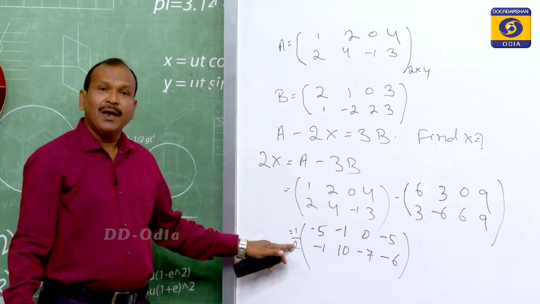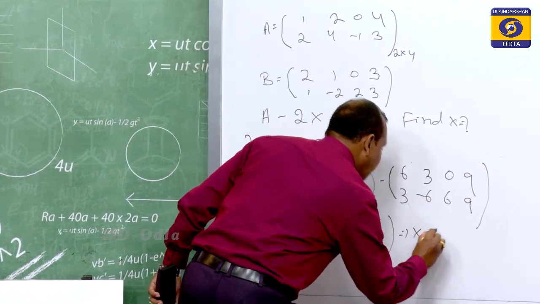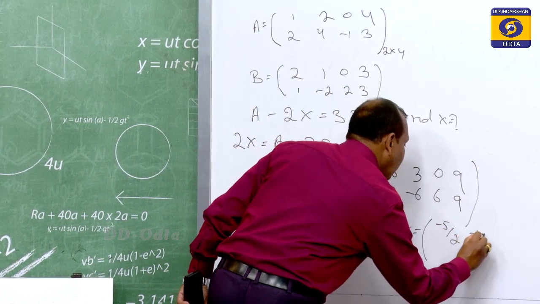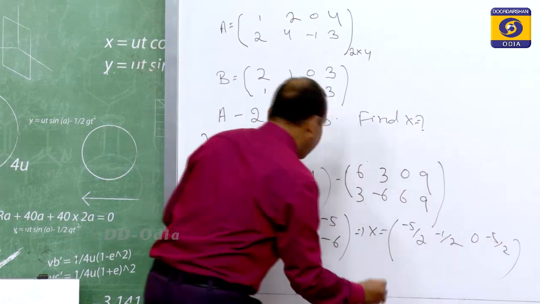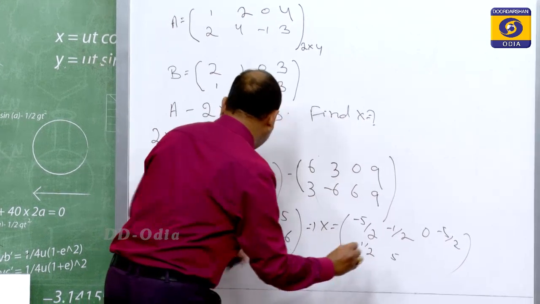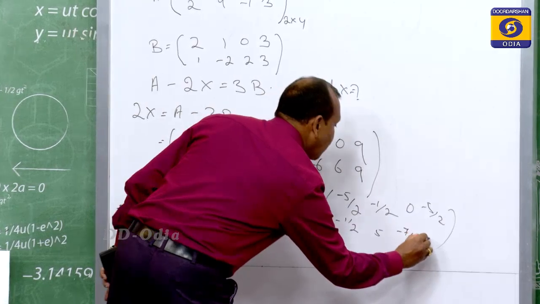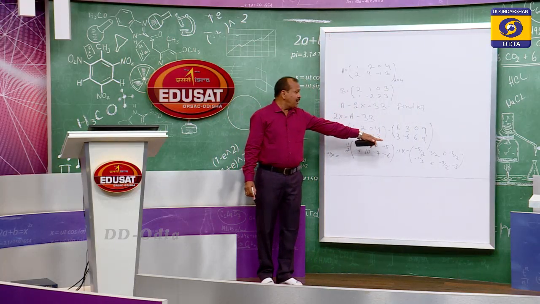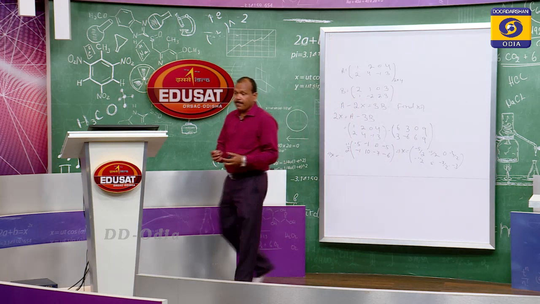Half is multiplied in each term of the matrix, so x becomes minus 5 by 2, minus half, 0, minus 5 by 2, that becomes minus 1 by 2, 5, minus 7 by 2, and minus 3. This is the x matrix, which is also a 2 cross 4 matrix.